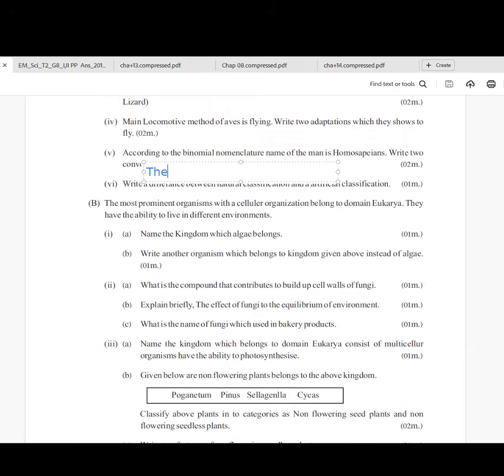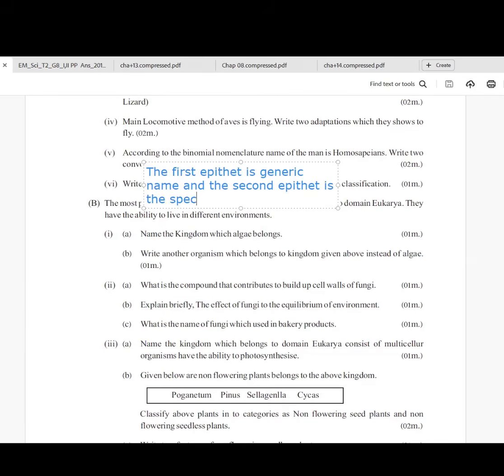The first epithet is the generic name, and the second epithet is the specific name, and another rule is the first letter of the generic name is capital.